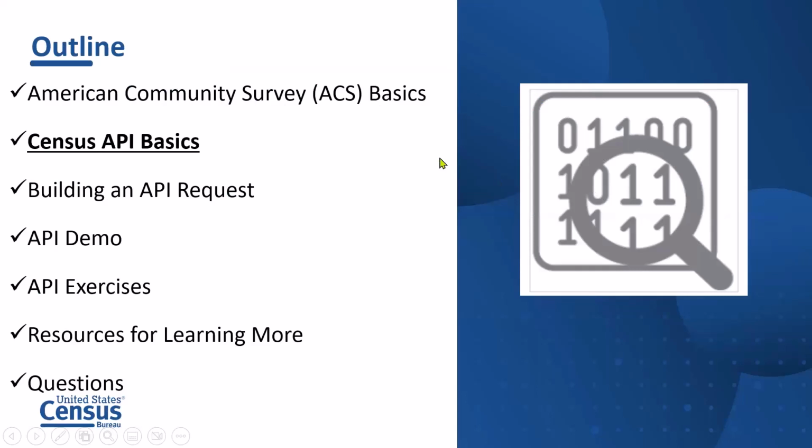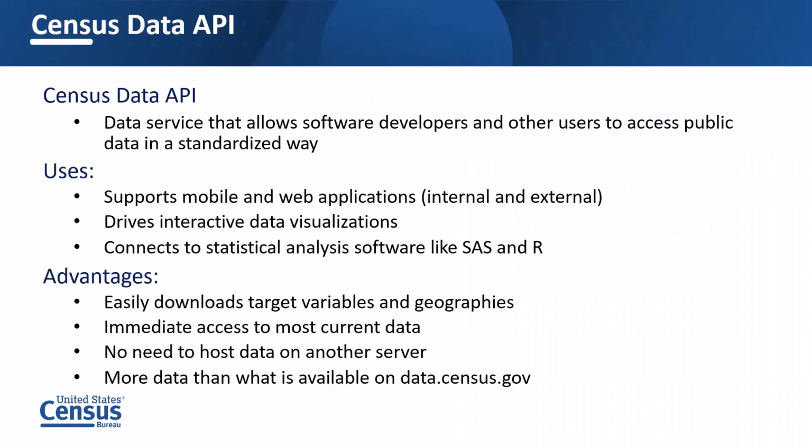Now I'd like to talk a little bit about Census API basics. The Census Data API, it's a service that allows software developers and other users to access public data in a standardized way. The uses, it supports mobile and web applications, both internal and external.